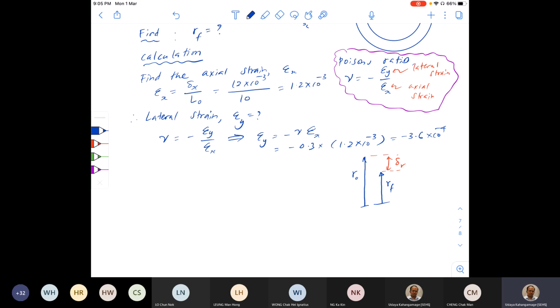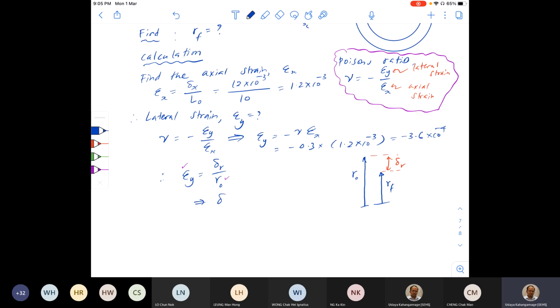Therefore epsilon y can be expressed as delta r over RO. Here we just found epsilon y, and RO is a known value, which means we can find delta r.